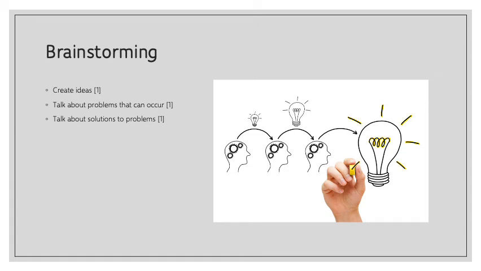And the next part of creating the CRC cards is brainstorming. Brainstorming is a process where each group member is supposed to create an idea. And when sharing and creating ideas, everyone has to think of their idea and other people's ideas as equals.